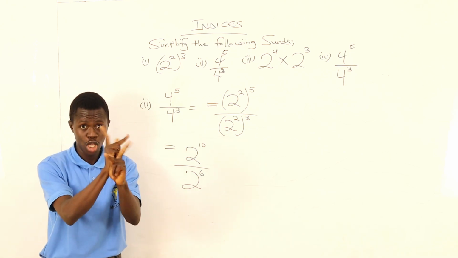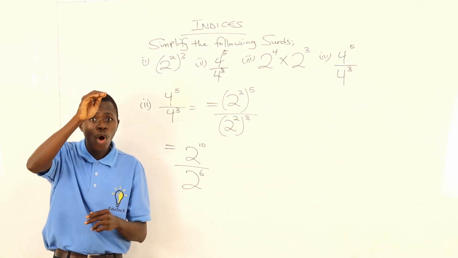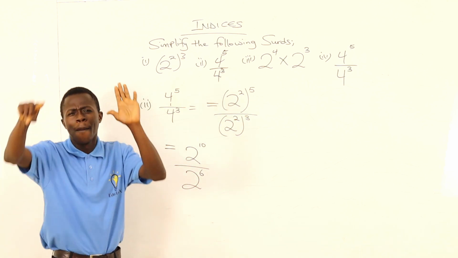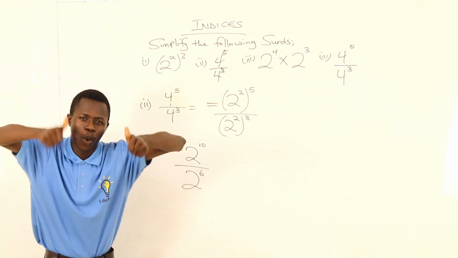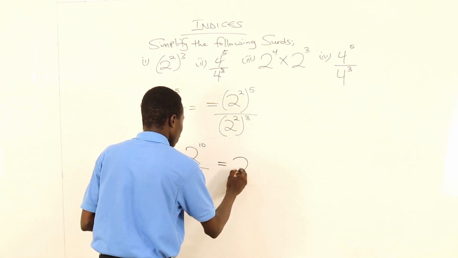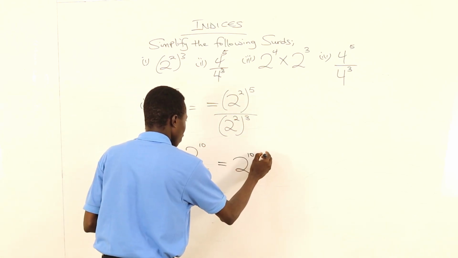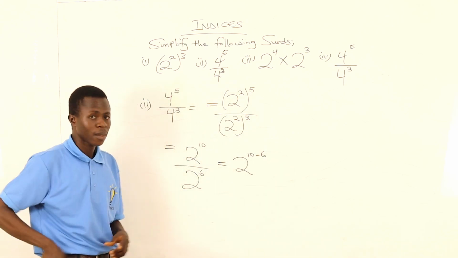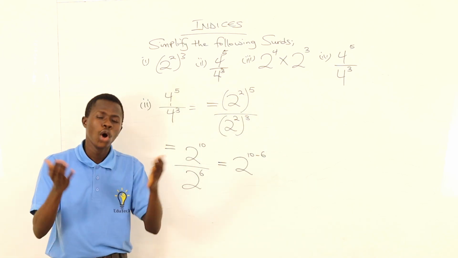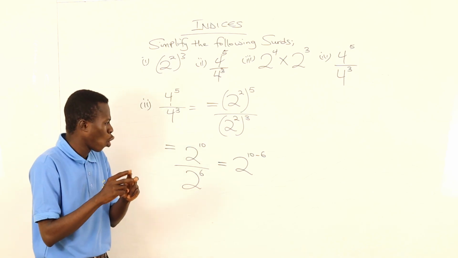So how are we supposed to write our answer with regards to this particular one? So we keep 2 as a base, and then we subtract 6 from 10. So we are going to end up having 2 raised to the power 10 minus 6. Right.